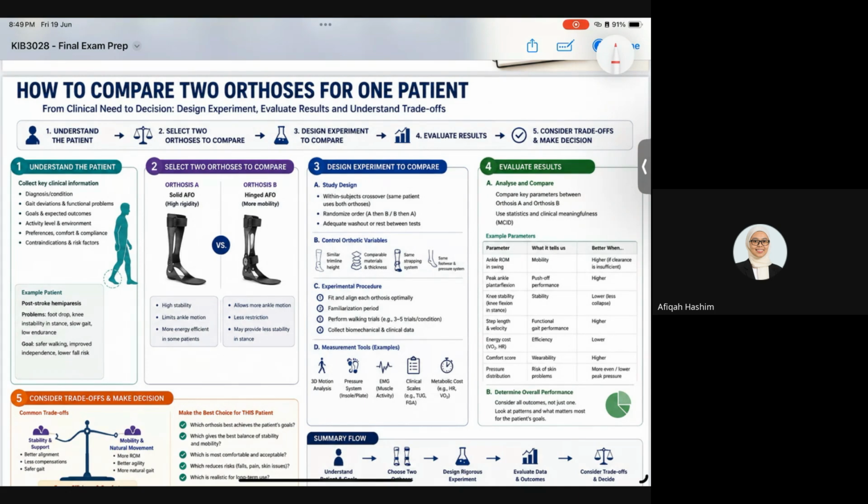What are their gait problems? What are their goals in life? For example, the patient may be more concerned about their stability, their walking speed, they worry about falling, or how to reduce fatigue. Different patients have different priorities. So there is no single best orthosis for everyone. Once you understand the patient, the next step is to compare the two orthoses.